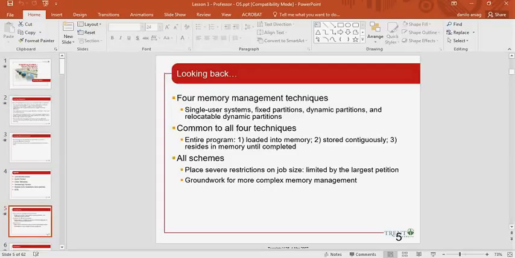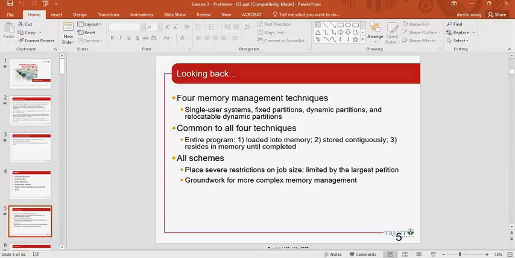The third one, I believe, is the dynamic partition, and the fourth one being the relocatable dynamic partitions. Although they have differences, they all share the requirement that the entire program, number 1, must be loaded into memory, 2, they should be stored contiguously, and 3, that they remain in memory until the entire job is completed, meaning there is no preemption whatsoever.